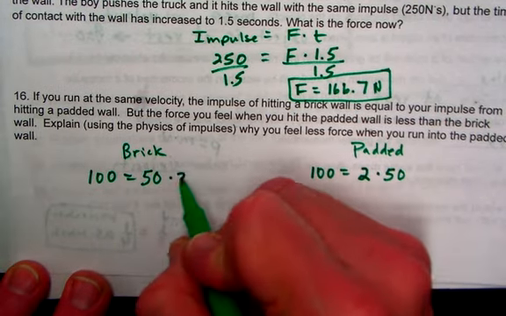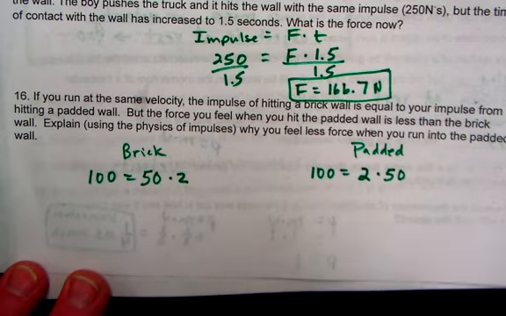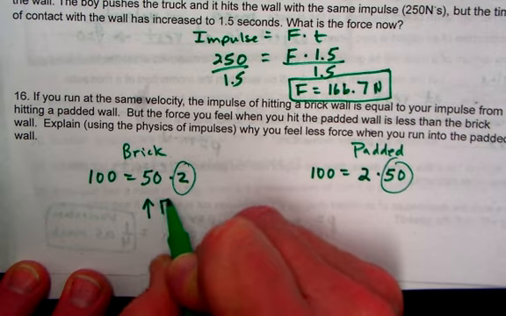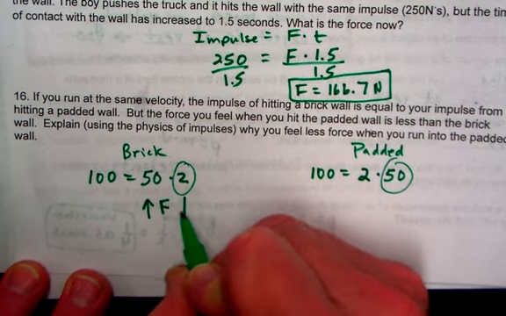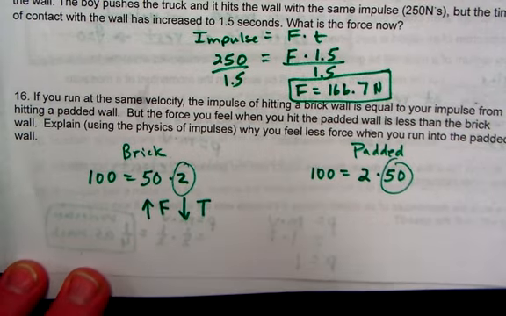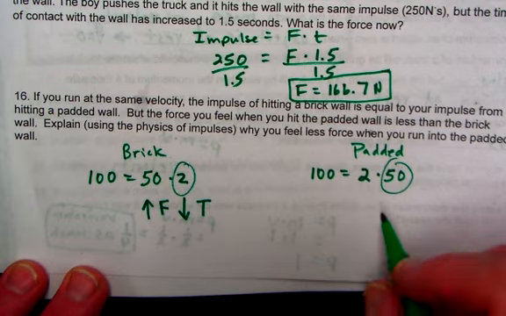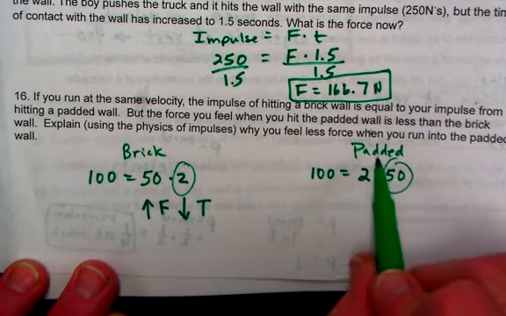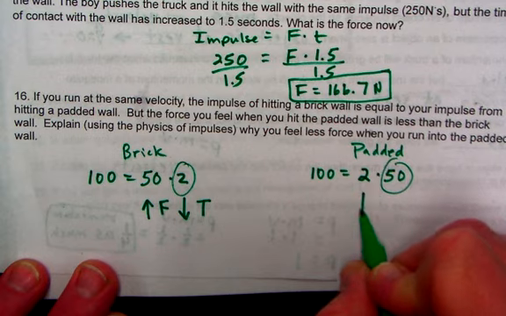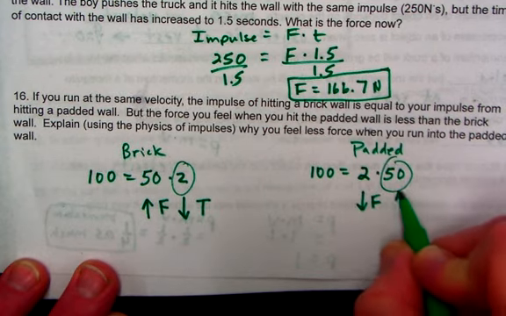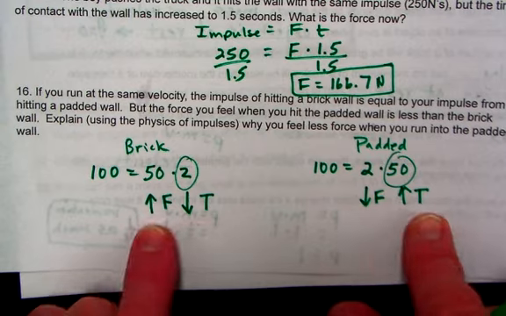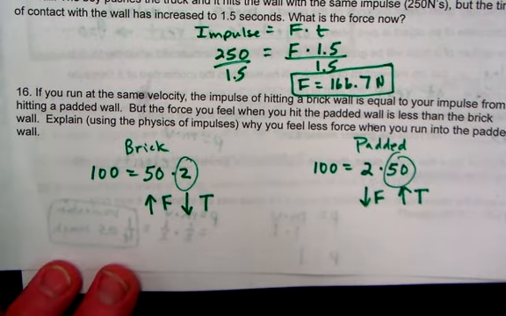To get 100, it would have to be 2 seconds. So what we're looking at is the time factor. What happens as you increase your force, like we did here, you decrease the time it takes to stop. So basically, that's the answer. When you hit something that's padded, you feel less force because you had more time to stop. So basically, these guys are in an inverse relationship. All right? And that would be the answer.